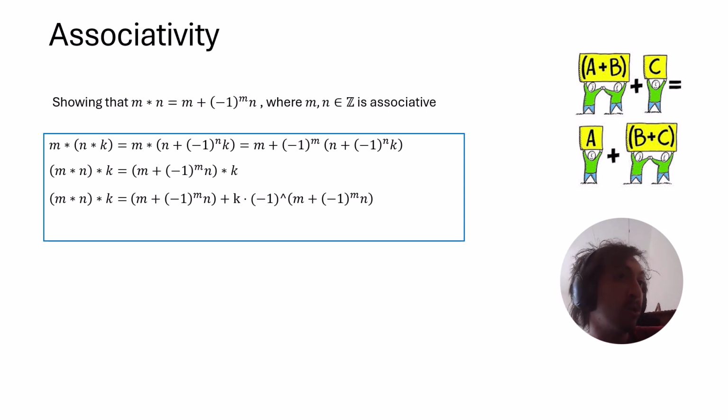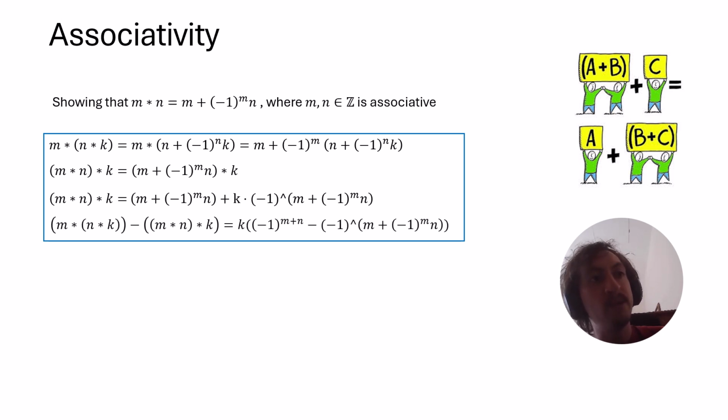And now to show it's associative, we just want to prove that if we subtract the first line from the bottom line, we get 0. Now if we subtract the first line from the bottom line, we get this expression. Now it turns out to be 0 providing m and n are whole numbers.